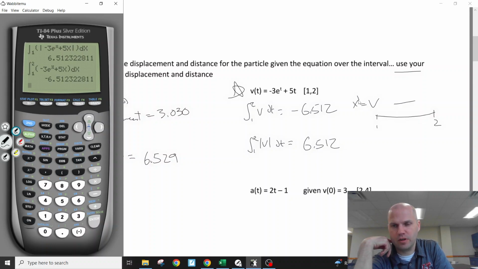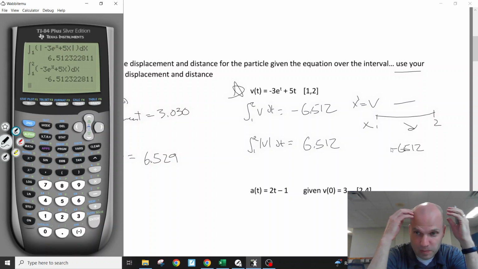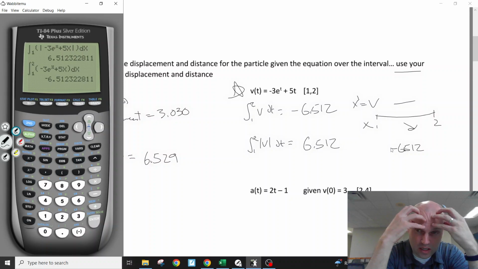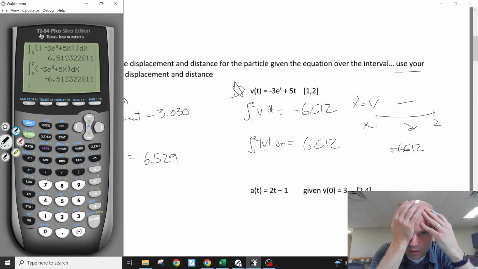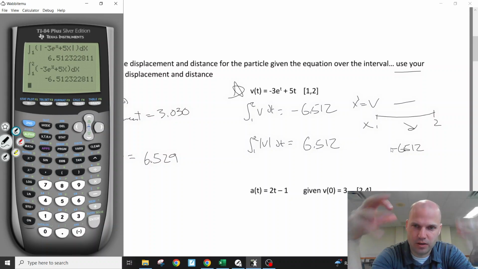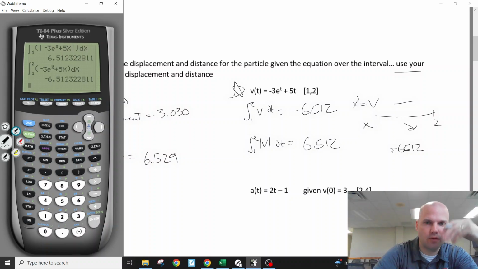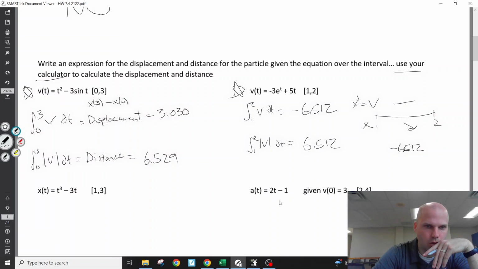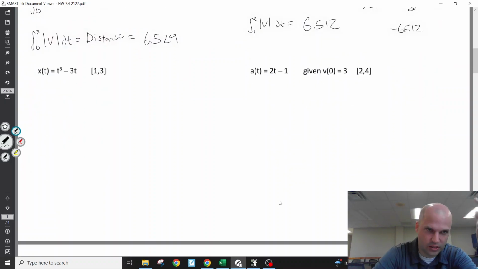My derivative is strictly negative, which means my position's decreasing, and I decreased my position by 6.512. I ended up 6.512 to the left of where I started. Well, your calculator takes that into account when you use the absolute value, and you're like, well, you moved a total of 6.512, whatever distances.